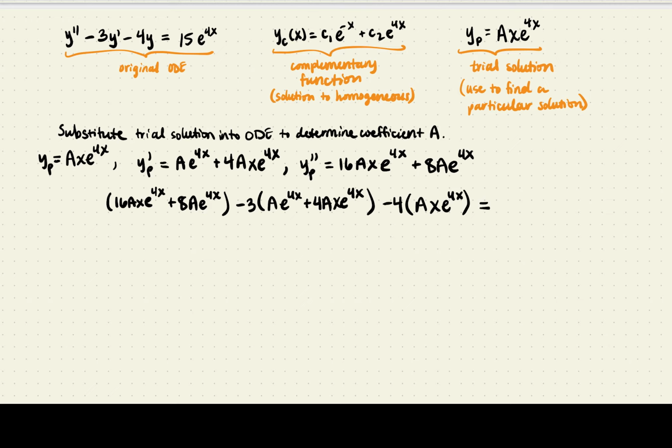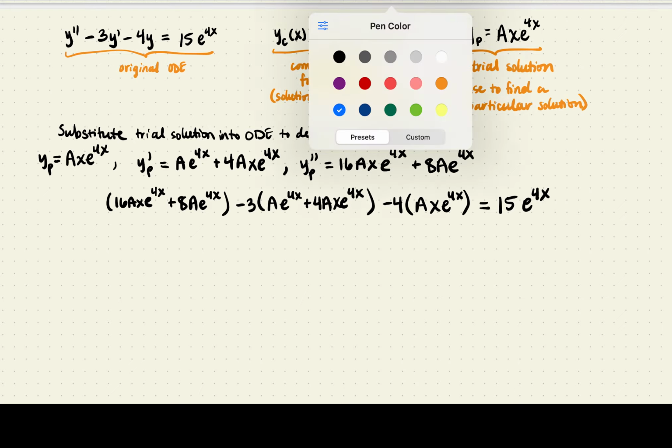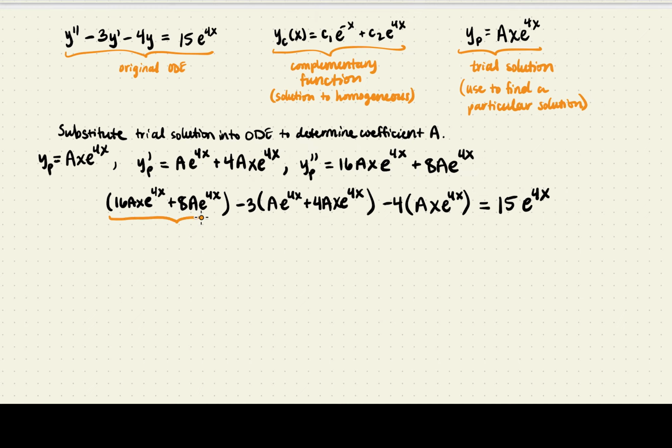And we set that equal to our right-hand side, 15 e to the 4x. Just as a reminder, this expression is y double prime, this expression is minus 3y prime, and this expression is minus 4y. So you can see that's the left-hand side of our original ODE.